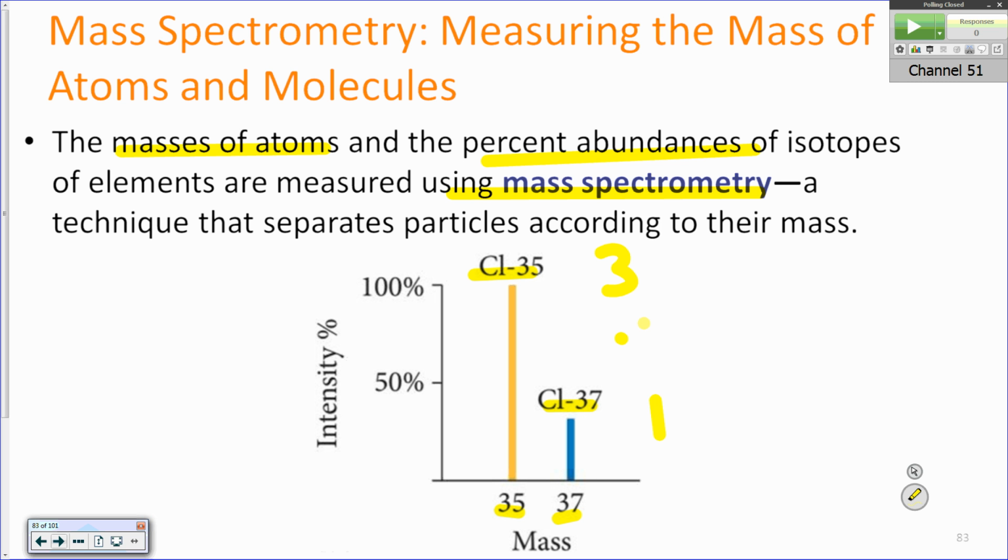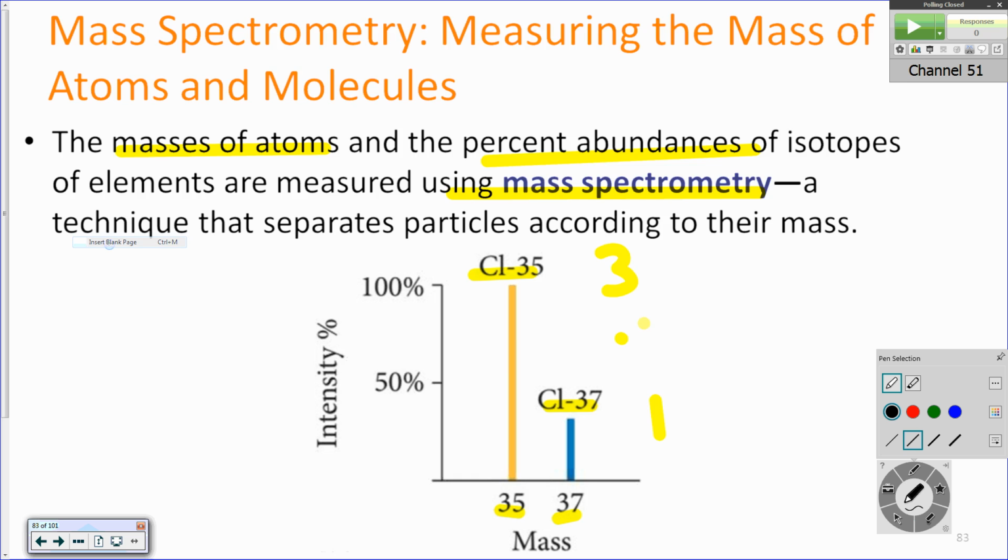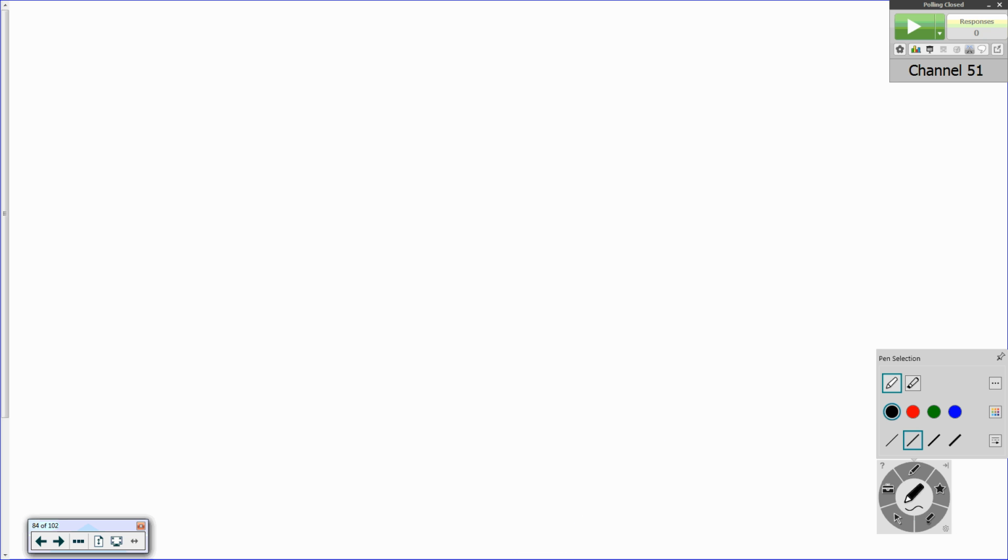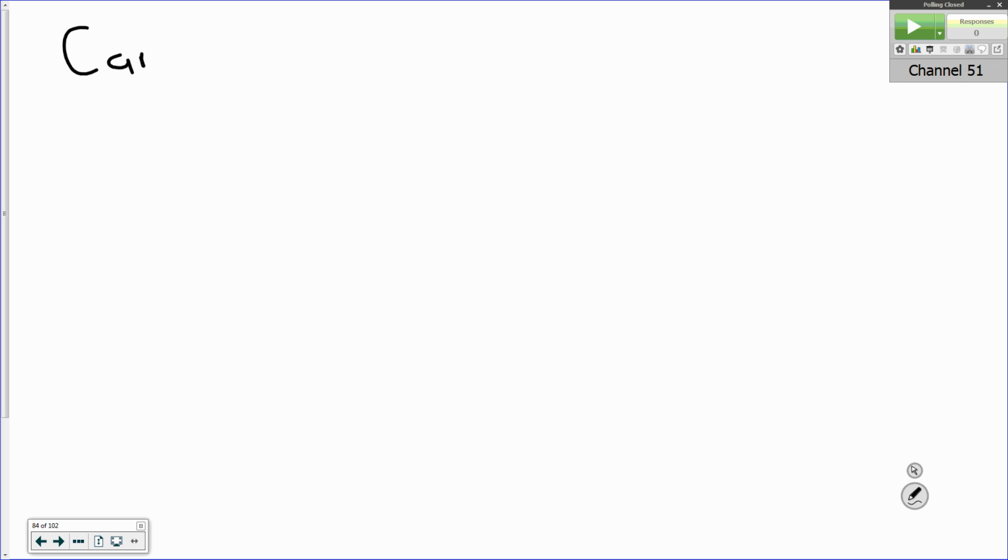One of the common things that we do with looking at isotopes, maybe you've heard this term, is something called radiocarbon dating. So let me insert a blank page here. So with carbon dating, we're looking at the carbon isotopes that exist.